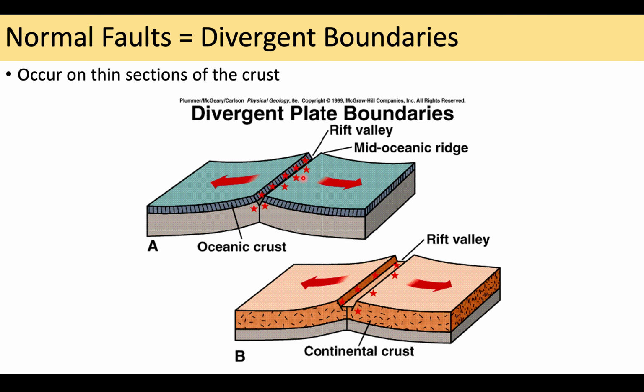Most of the rock motion is right at the surface. So we are not going to see very deep earthquakes; we're going to see many more shallow earthquakes. So at a divergent boundary like a mid-ocean ridge or a rift valley, we would expect to see normal faults and very many small, shallow earthquakes.